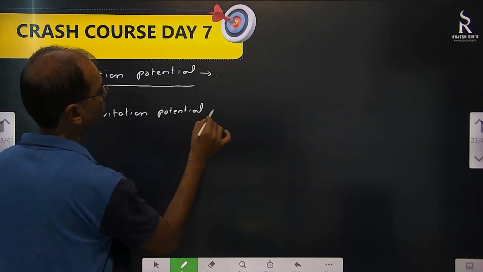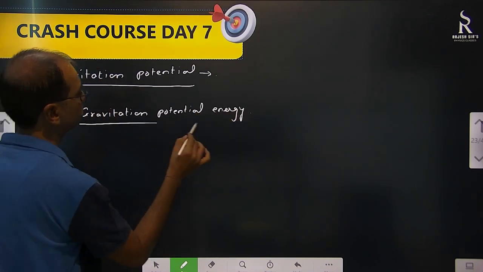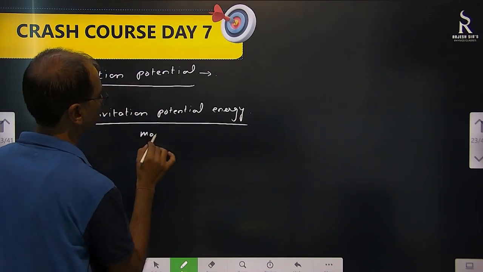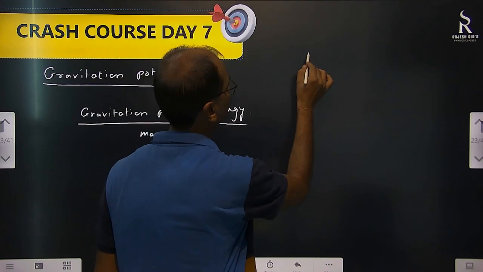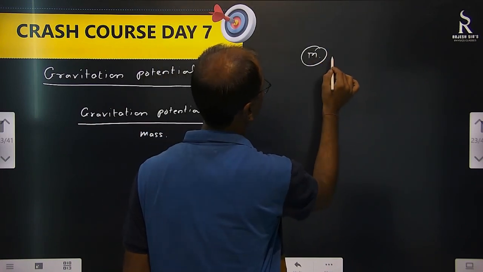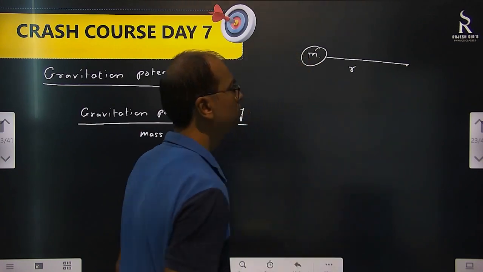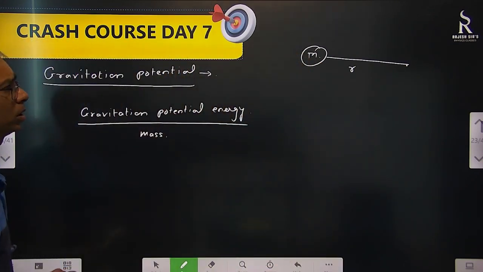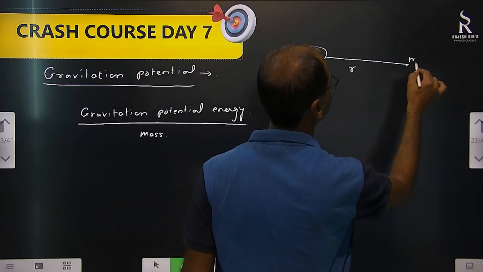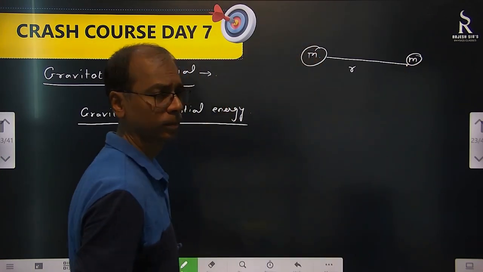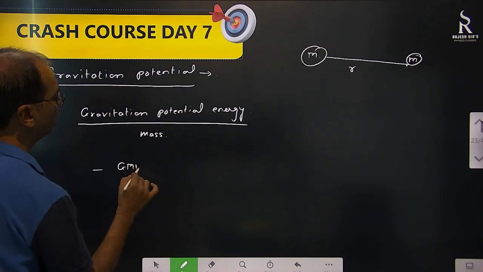Gravitation potential energy per unit mass. Now suppose we have a mass M and I have to find its gravitation potential at distance r. So what I will do? I will just write the gravitation potential energy by bringing any other mass over here. Say here is m. I brought it, imaginary. So I will write the gravitation potential energy as minus G M m by r.